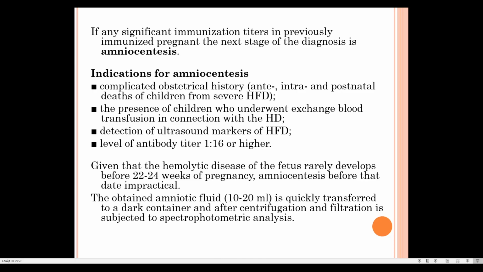And students, pay attention. It is very important to put the received amniotic fluid into a dark container as soon as possible, because light destroys bilirubin, which is located in amniotic fluid.